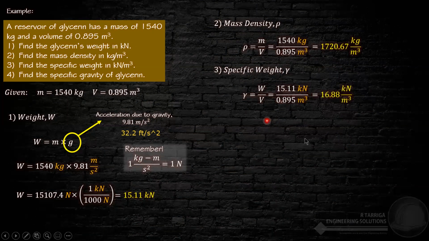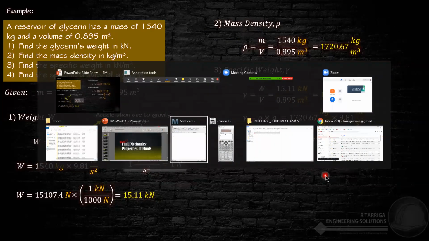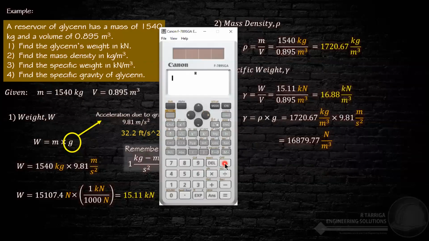Or we can use the other relationship: the specific weight is equal to the product of the density times the gravity. So 1,720.67 times 9.81 will become 16,879.77. Let me check the values to see if that is correct. 1,720.67 times 9.81, yes, it is correct.